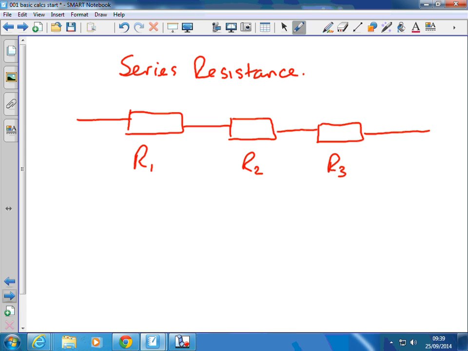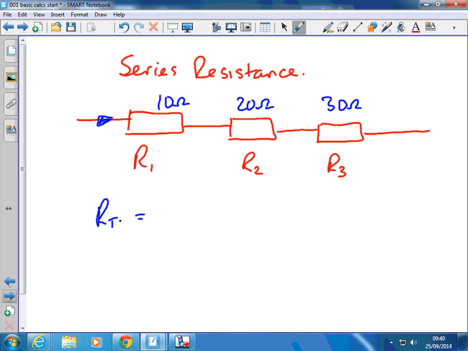Series resistance. Daniel, how do we calculate 3 resistors in series, RT? That's 10 ohms, that's 20 ohms, and that's 30 ohms. What's the total? So it is 60, so therefore what are we doing? Add them all up.